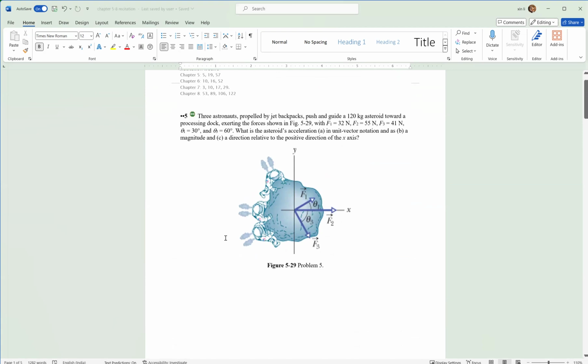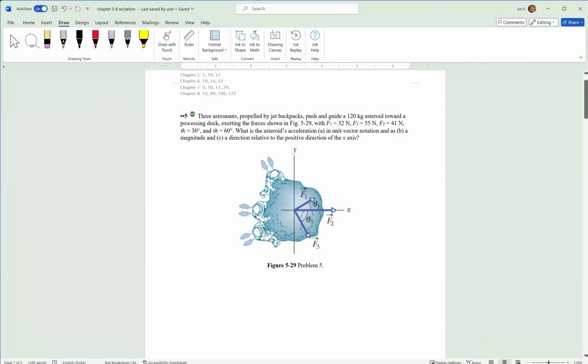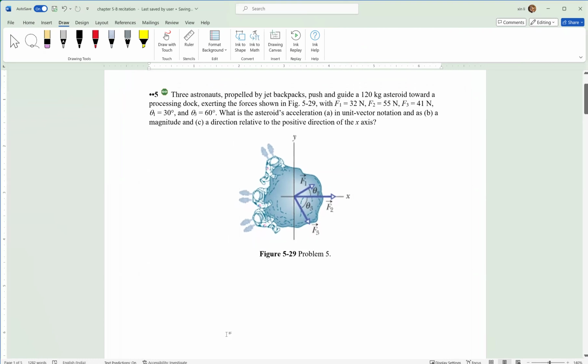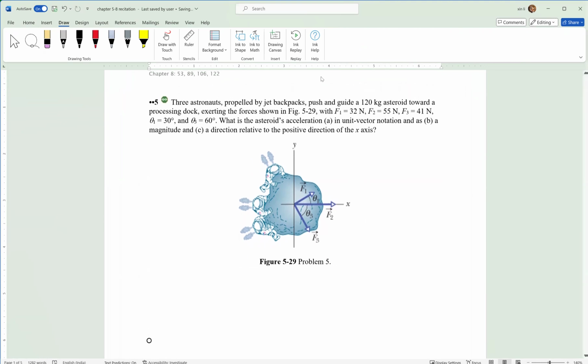So what we do is we resolve the vectors first. I'm going to make it a little bit bigger. You have to draw F. Let me write it.